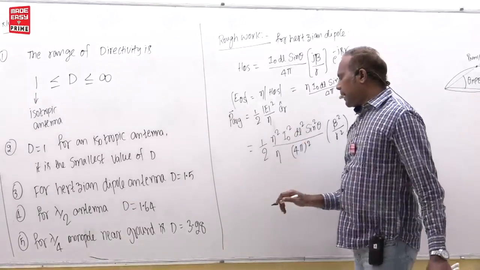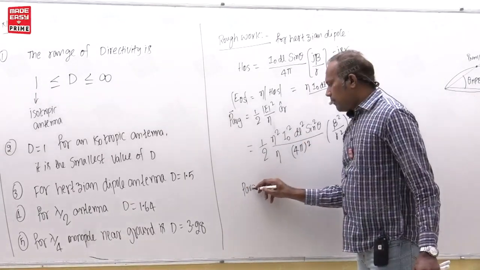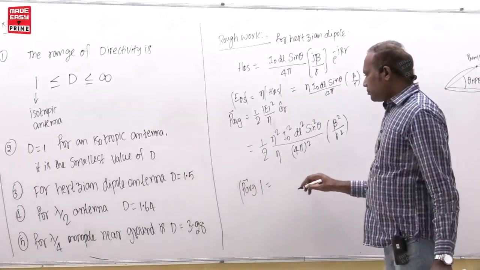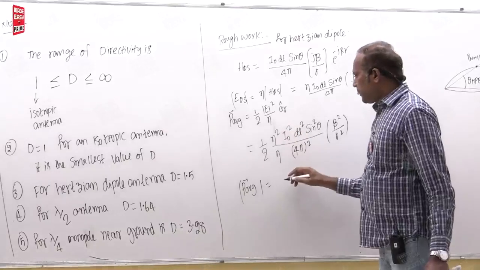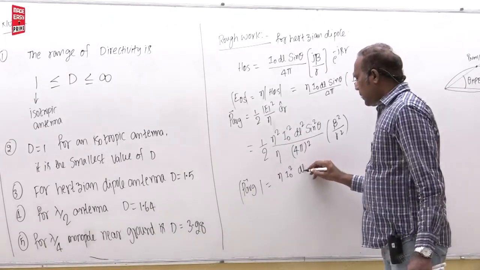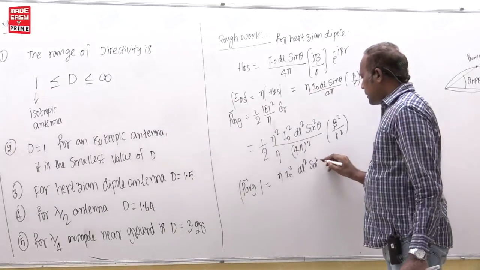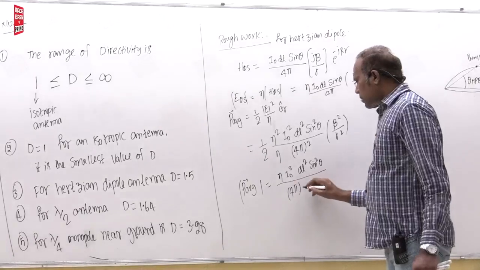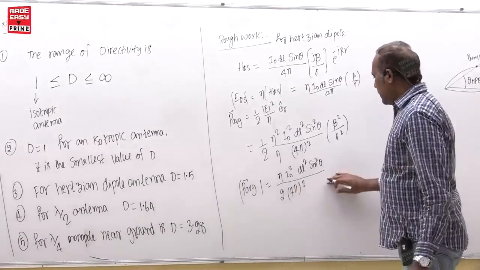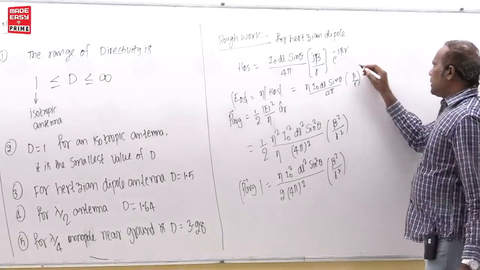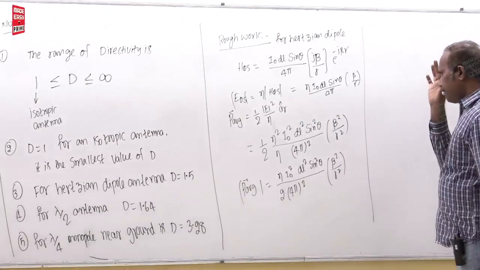So this eta cancels, then the modulus of the average Poynting vector gives, one eta remains, no? So eta I naught square dl square sin square theta, then 4 pi whole square, 2 is there, and beta square by r square.